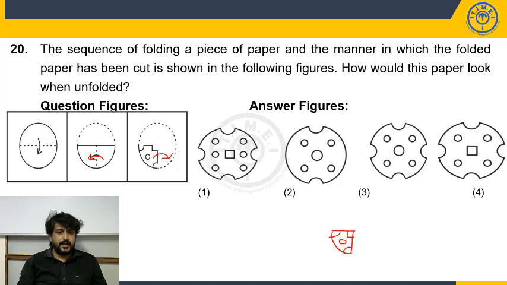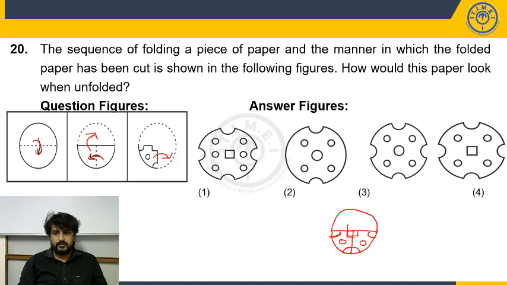If you open like this, what will happen? Here also you will get the same shape, right? So this square will appear, it will look like this, and this cut will be here, and here it is closed like this. So we have to open like this. If you open like this, here you will get another semicircle.